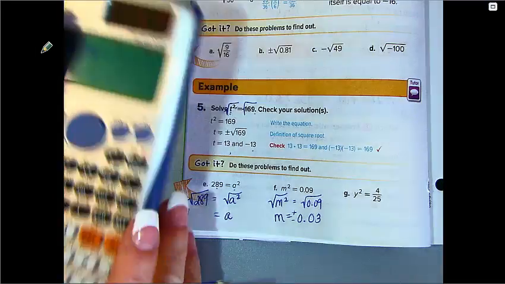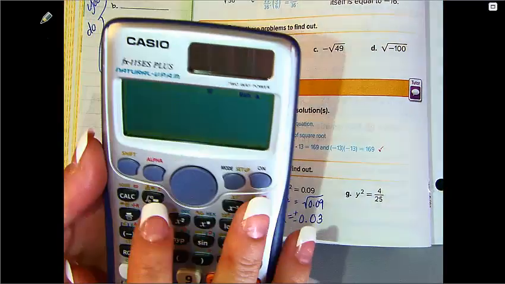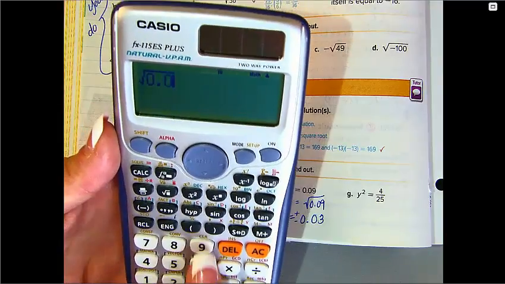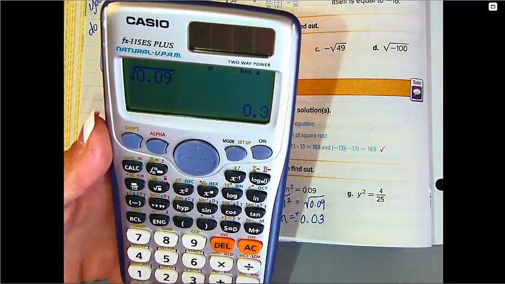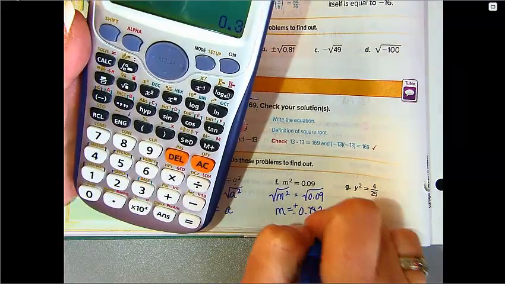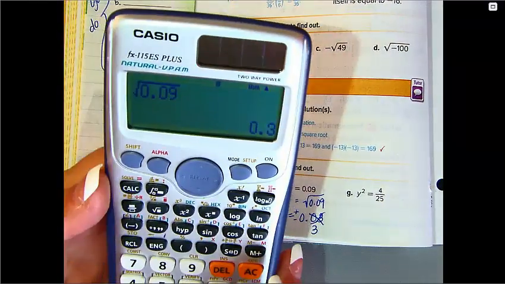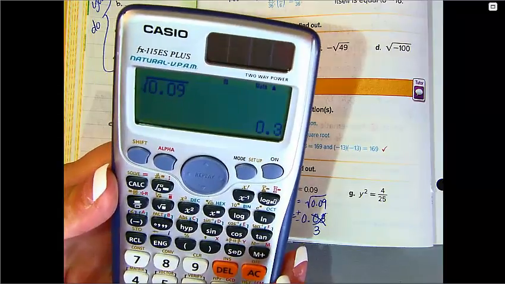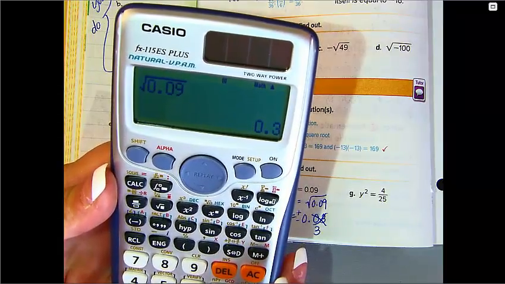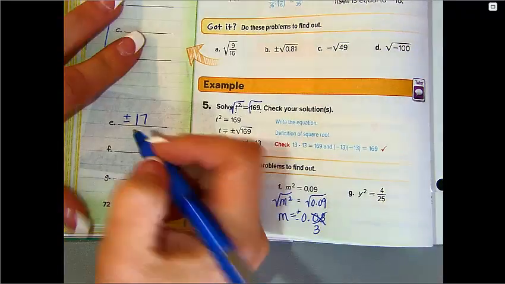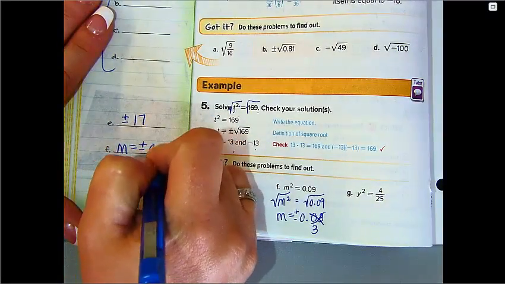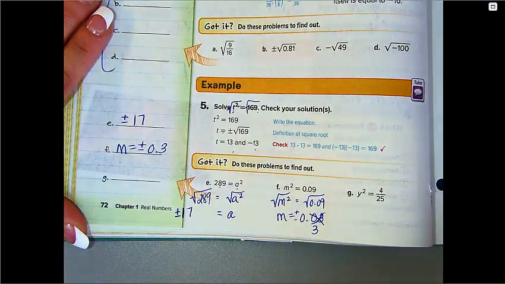If you don't believe me, go to your calculator, type in the radical sign, 0.09 equals, oops, Mrs. Neely was wrong, 0.3. Okay? So it's positive and negative 0.3. So for F, m equals positive negative 0.3.